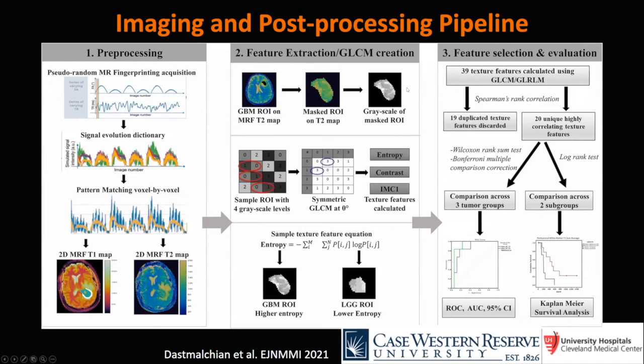Based on that, we will be able to get higher order features from those images, and use those features to evaluate different tumor types and correlate the features to outcomes, for example, recurrence and survival rate.